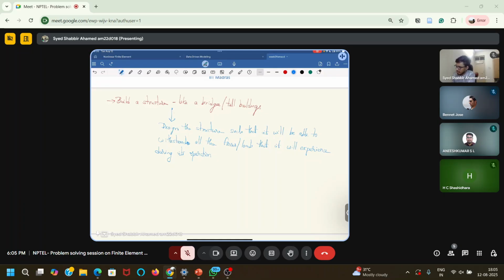Let's say you just assume the bridge as a beam.